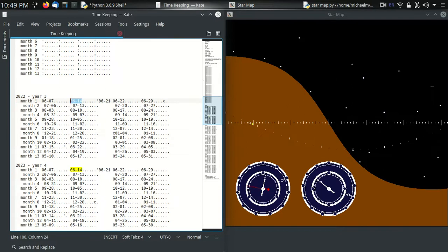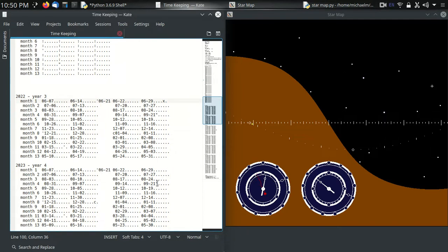And you might notice that from year to year, these dates don't shift. So here, 6/21 is our summer solstice. 6/21 next year is our summer solstice.